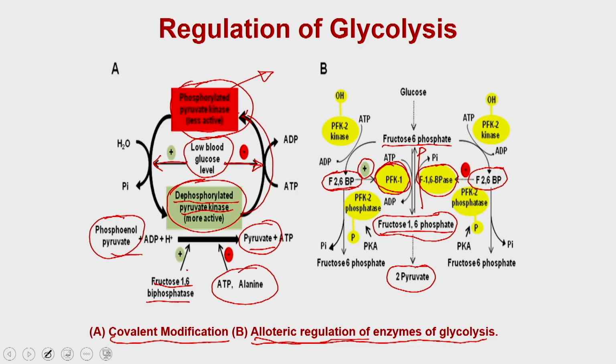Whereas, if there is a sufficient quantity, then fructose 2,6 bisphosphate is going to be negatively regulated. At the same time, fructose 2,6 bisphosphate negatively regulates, or reduces, the activity of fructose 1,6 bisphosphatase. On one hand it increases the activity of phosphofructokinase, which increases the phosphorylation reaction.